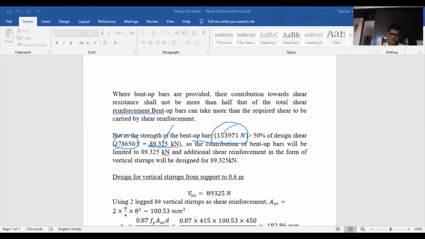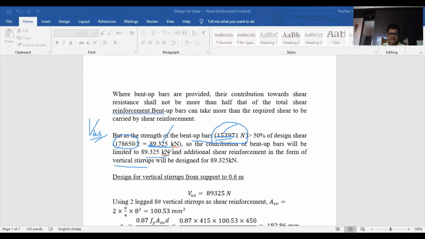Total shear design force is 178 Vus, the total design shear we have calculated, that is tau V minus tau C into bd. So half of this can be taken by the bent up bars, because half of this is less than the strength of the bent up bars. So only 50%, that is 89.35, will be taken by the bent up bars. For the remaining 89.325, we have to provide the vertical stirrups.